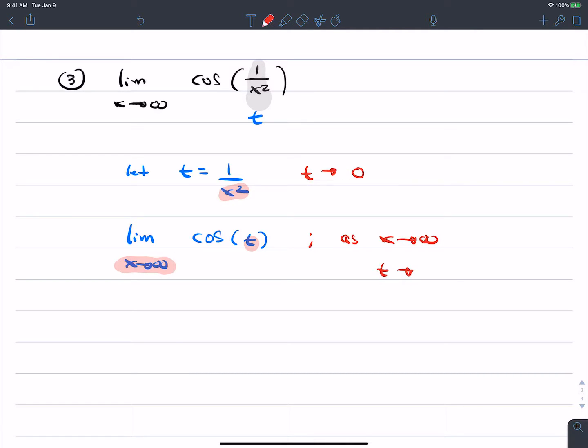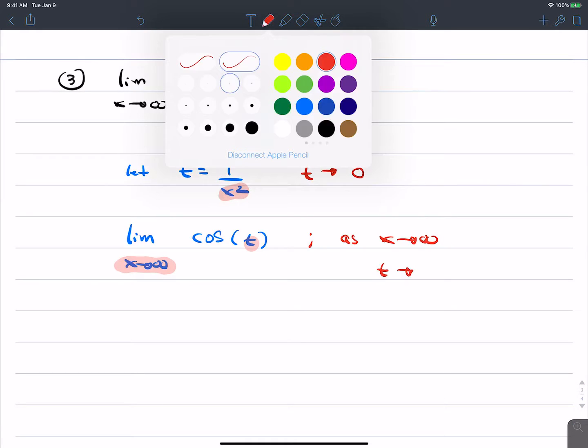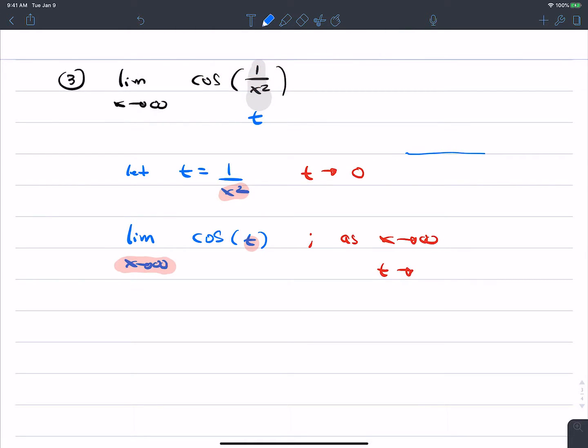That's right. And you say, well, why is that going to 0? Because if you go back to the curve, this is a function where you have still 1 over x squared. Here's the x coordinate. Here's your t coordinate.